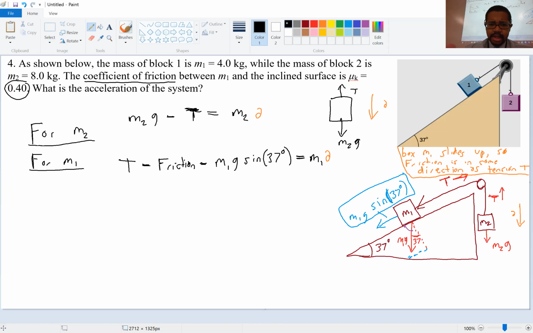Okay, so what he does, and I don't really have room to do it right now, but he sets, let's see, how do I want to put this? So he combines the equations by setting these equal to each other. So he has to solve for T in this one. So let's see.